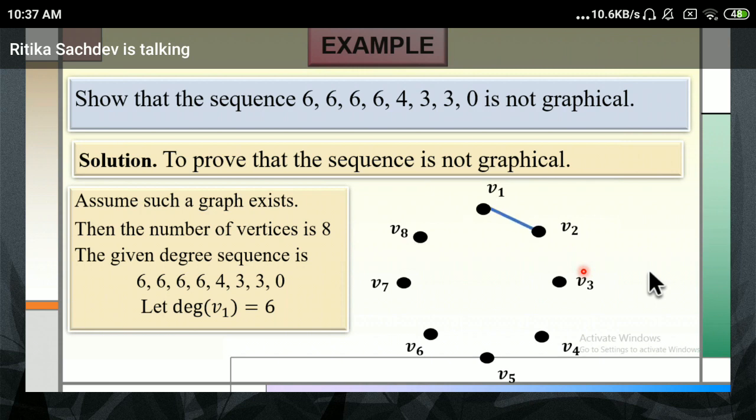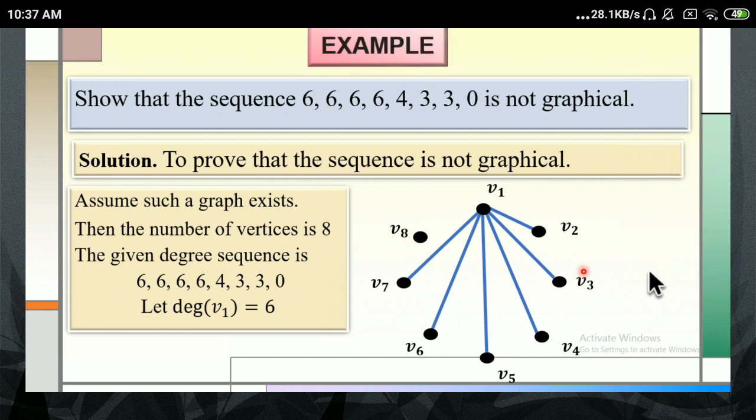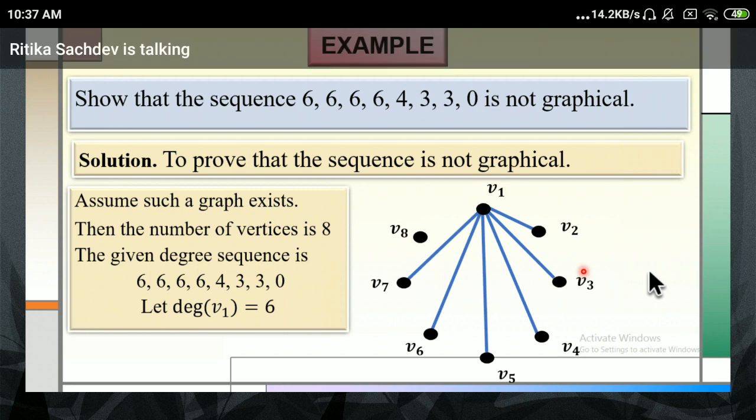Check. The degree is 1 now. Degree is 2. Degree is 3. Degree is 4. Degree is 5. And degree is 6. Is it okay? I want answers at each and every slide now.